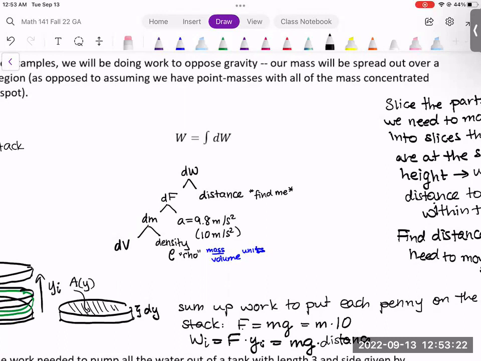And so our volume is going to be given by the cross-sectional area of our slice times this little thickness dy.